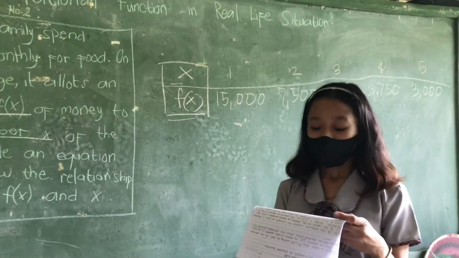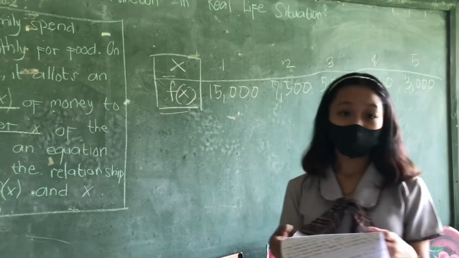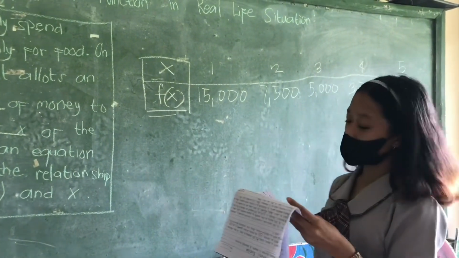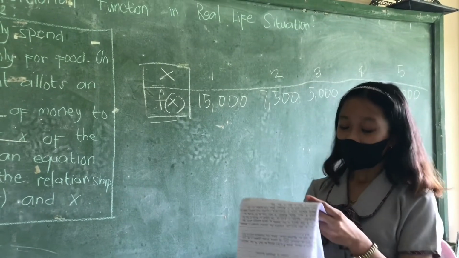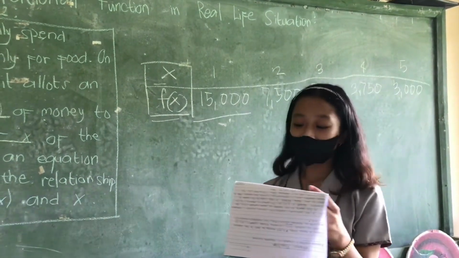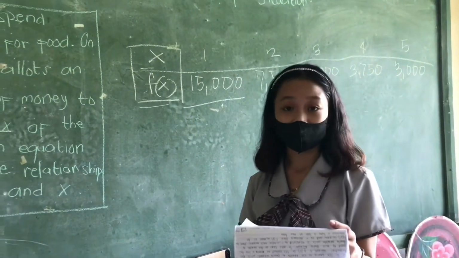The second row refers to the amount of money spent for food of each family member. As you can see, when there is only one family member, f of x is equal to 15,000 pesos. Meaning to say, his or her share for the food is 15,000 pesos.